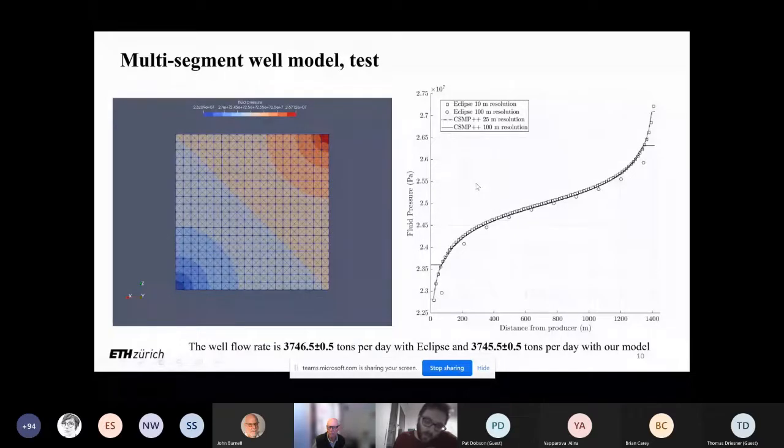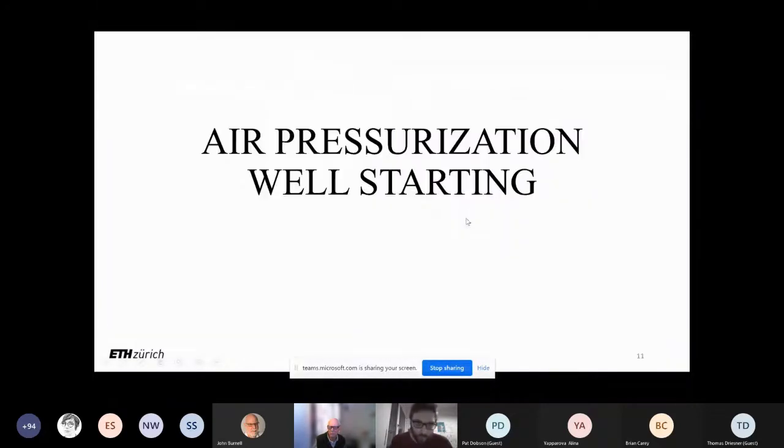And this translates into flow rates in the well of 3,746 tons per day with Eclipse and 3,745 tons per day with our model. So that's a pretty good match.